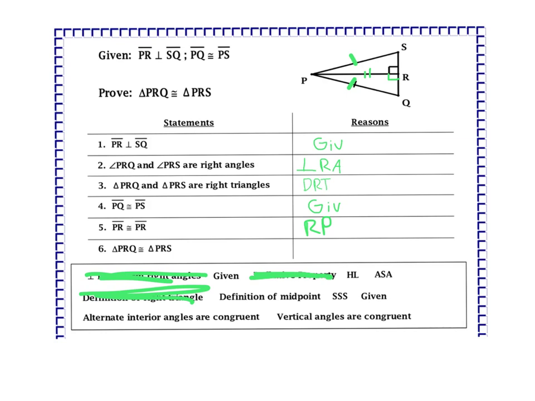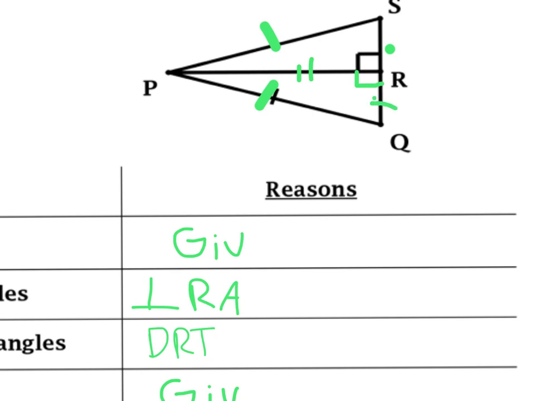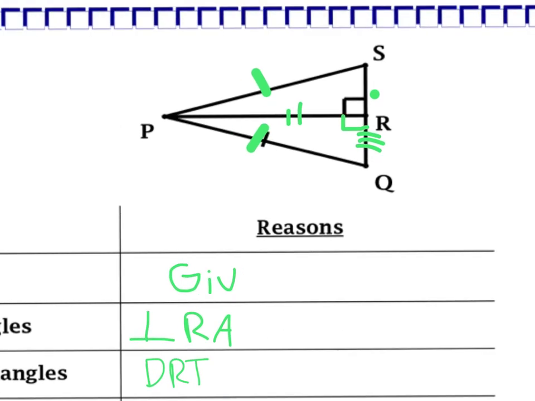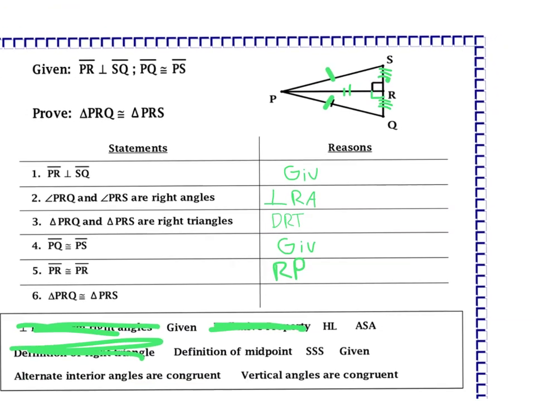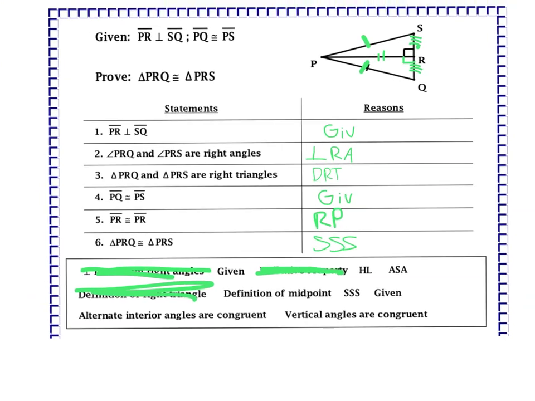But because that is a perpendicular marker, making those angles there, we could go side, as they're both right angles, remember, or right triangles, remember, and that would have to mean that SR and RQ are congruent. This is side, side, side.